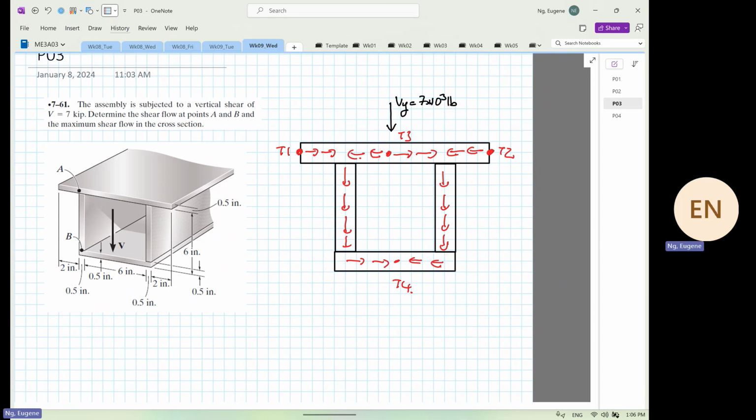From T2, it also has to what? Flow down. If you look at the first moment of area, it is V times Z multiplied by Y bar. The Y bar, there is a Y bar distance, yes or no? The in between. I'm talking about this distance. I'm talking about this region.